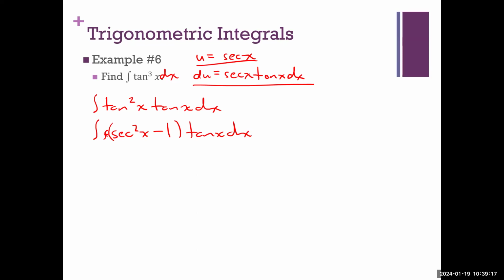Did that help? What do you do with the leftover tangent of x? That's a good question. Let's worry about that after we write it. So this becomes secant squared of x tangent of x. Let's just rewrite this as 2 integrals, minus tangent of x dx.